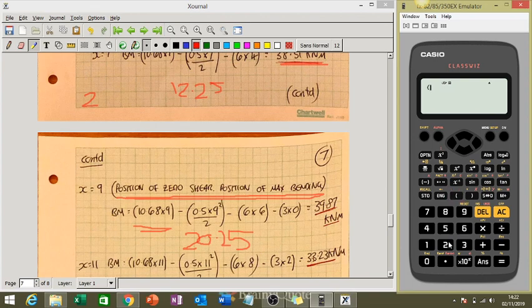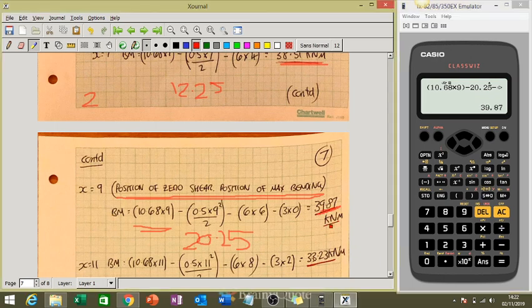Work it out. Hopefully it's our biggest number because it's the position of 0 shear force, maximum bending moment. So stick it in the calculator. 6 times by 6, 36. I'll leave that out for now. Gives me 39.87.